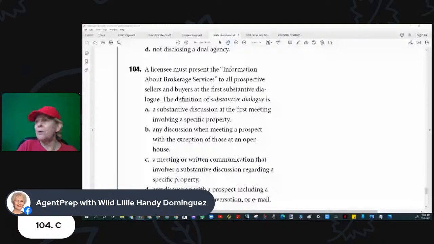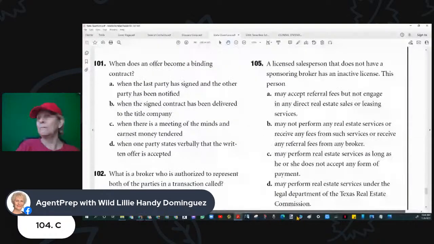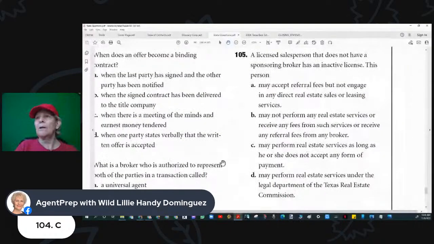All right, number 105. A licensed salesperson that does not have a sponsoring broker has an inactive license, right? So this person is what? A, may accept referral fees, but not engage in any direct real estate sales or leasing services.